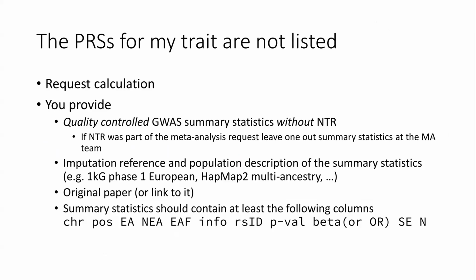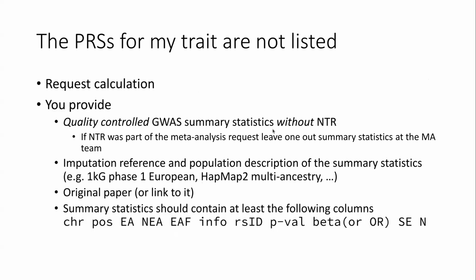But if you have the need for a polygenic score for a certain trait, they have to be calculated. So the recipe is that you provide, or generate, quality controlled GWAS summary statistics. Those are the base data, excluding your own study, in this case NTR.